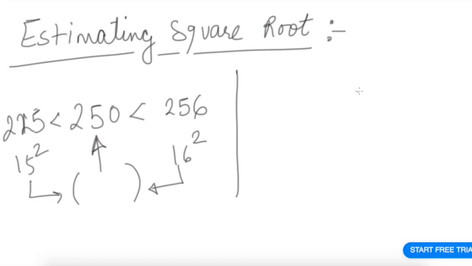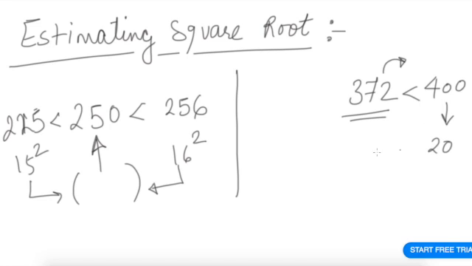Just as an example, if I tell you 372 is a number, where will the square root of the number lie? Will it be between 7 or 8, 9, 10, 12, 15, 20, 22, 25? Which is the number just higher than this? I presume it should be 400, and the square root of 400 is 20. And which is just smaller than this?